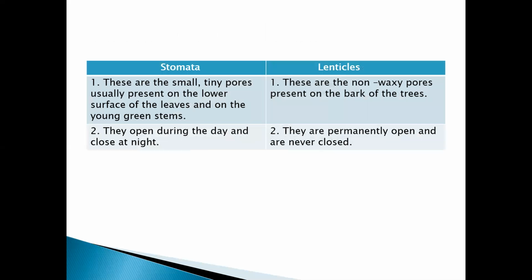So now next is the difference between stomata and lenticels. Stomata are the small tiny pores usually present on the lower surface of the leaves and on the young green stems. While lenticels are the non-waxy pores present on the bark of the trees.